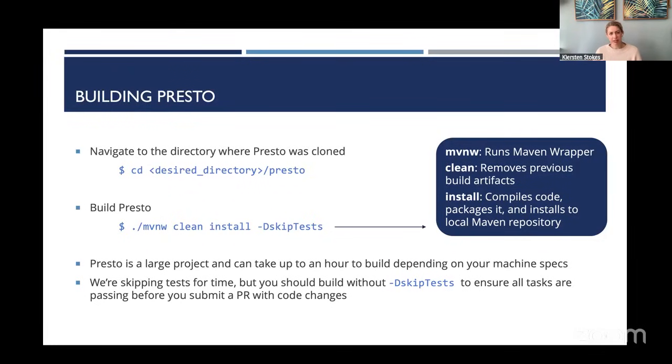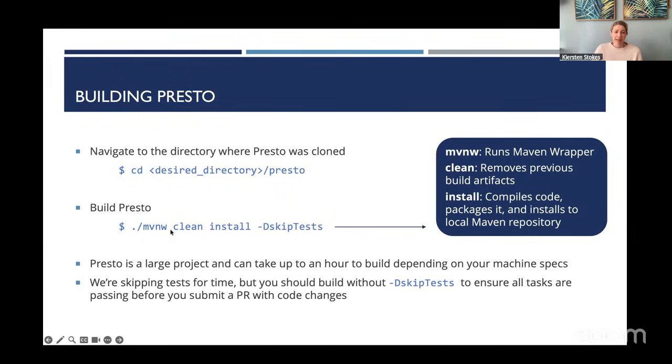It's essentially just a way to make it easier for us to build, and we're reducing the number of things that could go wrong by using a wrapper instead of your own local Maven installation. Because this wrapper is the same version for everyone that's building Presto. It has the same commands and all of that type of thing.